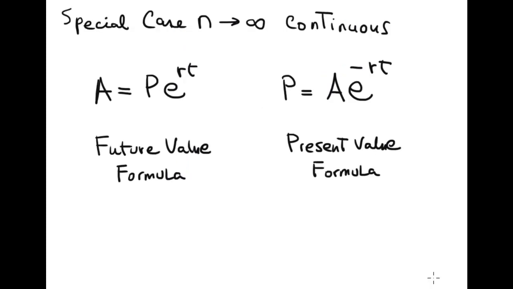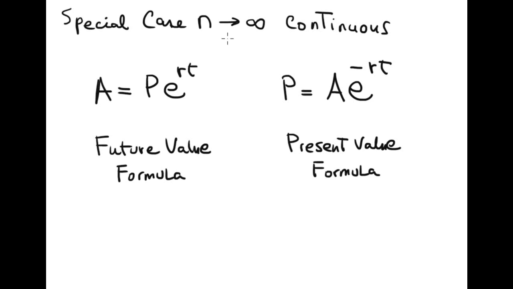Okay, now one special case is the continuous problem, when the compounding is infinity, so it's infinite times of payment period. This is applied in a special case, for example, when you talk about inflation, or the price of the stock market, a quantity that varies too fast.